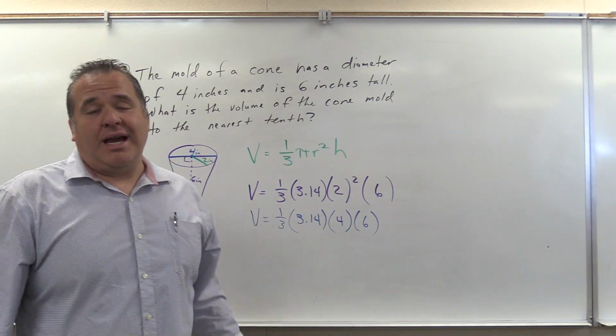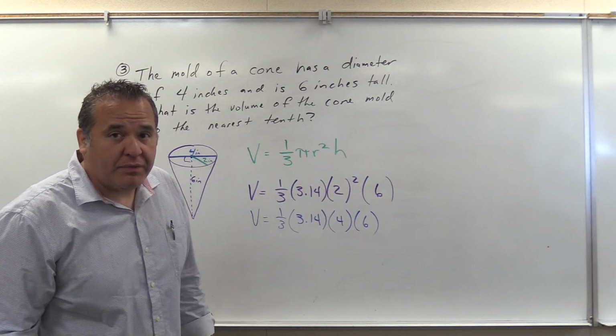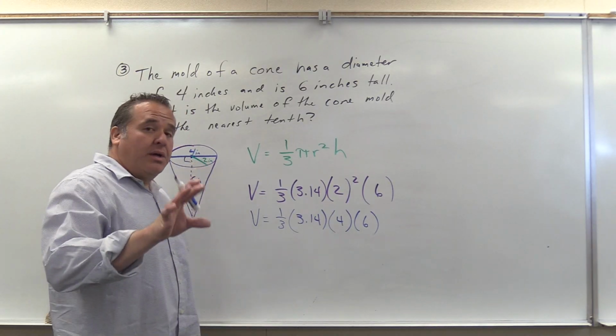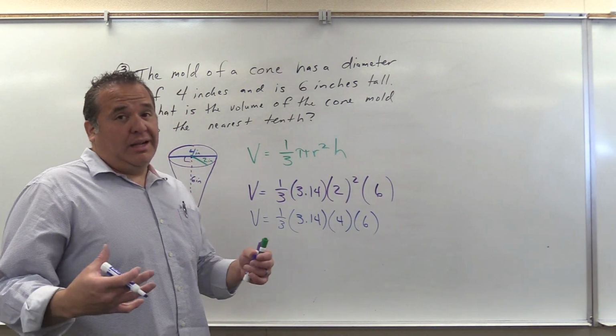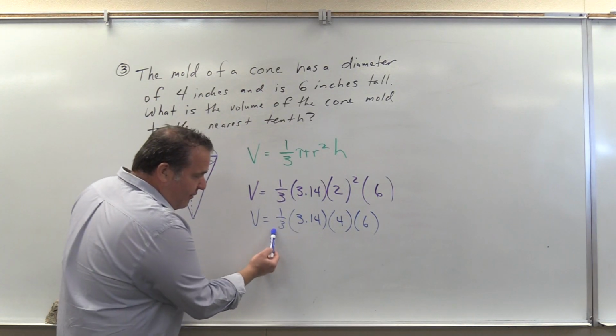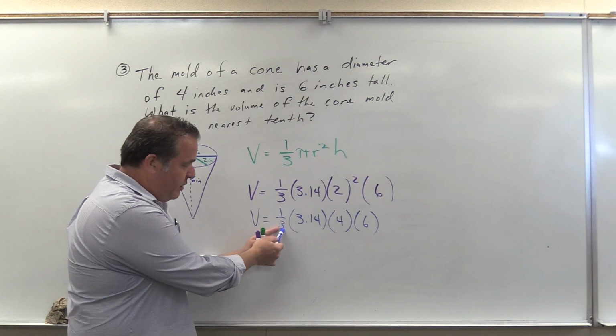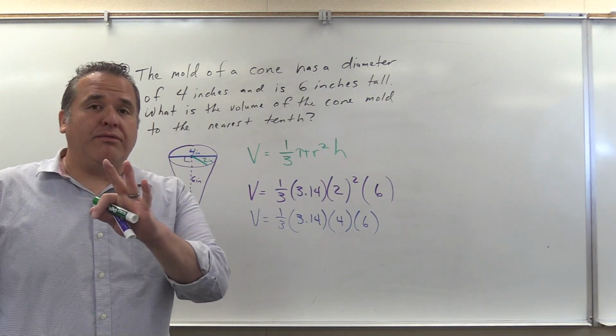Now at this point, you can multiply how you want. But I'm going to tell you a trick right quick. It doesn't work all the time, but it does work in a lot of these problems. If you notice, because you're going to multiply by this fraction, you have a denominator of 3.